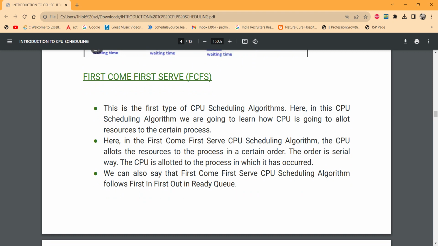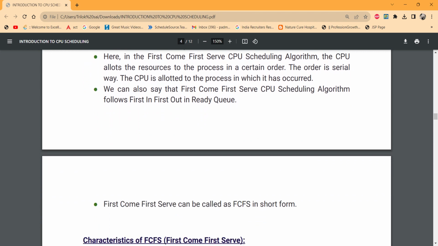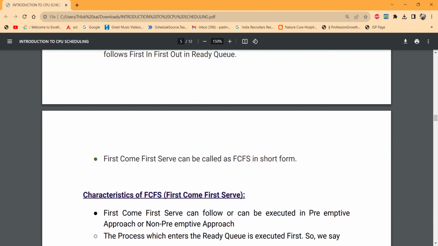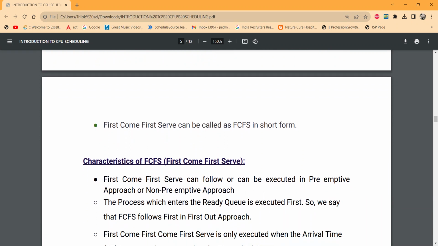The process which comes first will be given to the CPU first, based on the arrival time. I once again repeat, the central processing unit will be given to the process based on the arrival time of the process. We can also say that the first come first serve CPU scheduling algorithm follows first in first out ready queue order. FCFS is the short form of first come first serve.